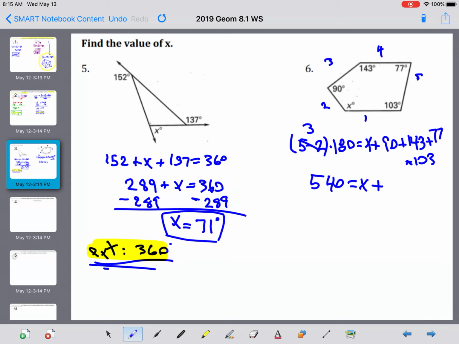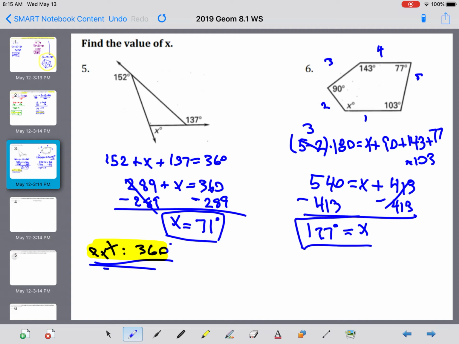So I'm going to add them up: 90 plus 143 plus 77 plus 103, and it's going to be 413. I'm going to subtract that 413 over. These cancel. And we're going to get x equals 127 degrees. Alrighty, so again, this was interior. Number 5 was exterior.